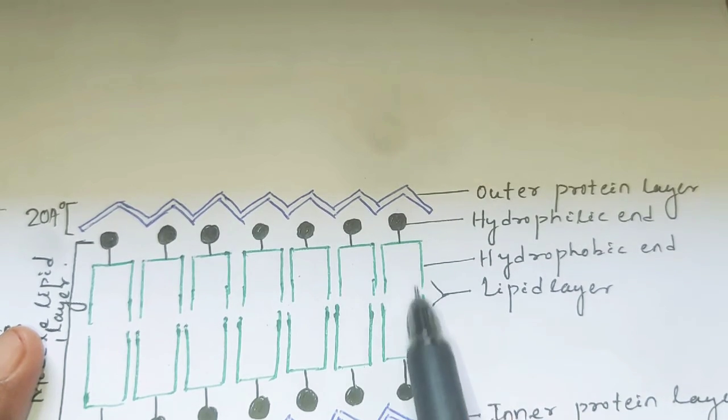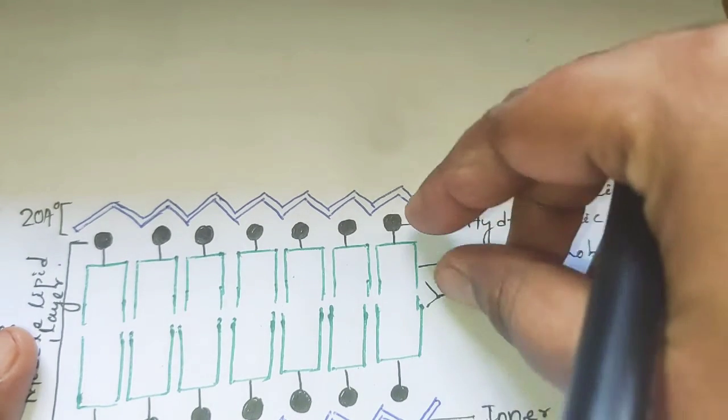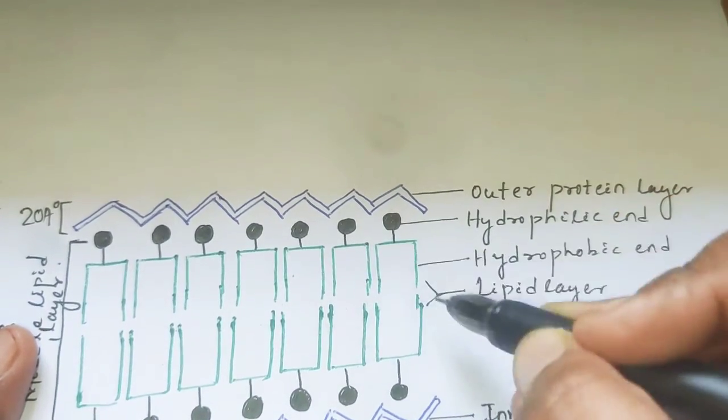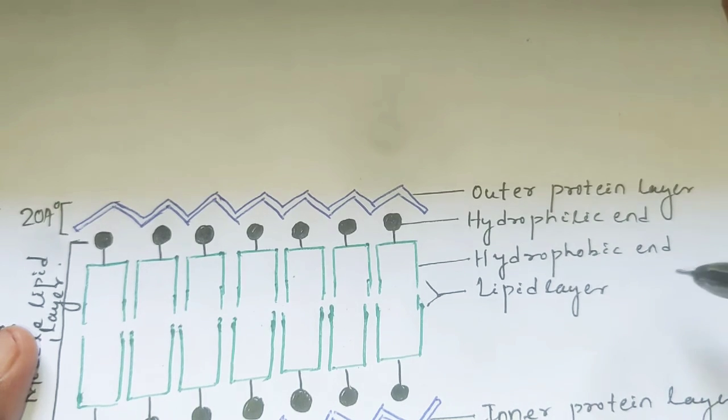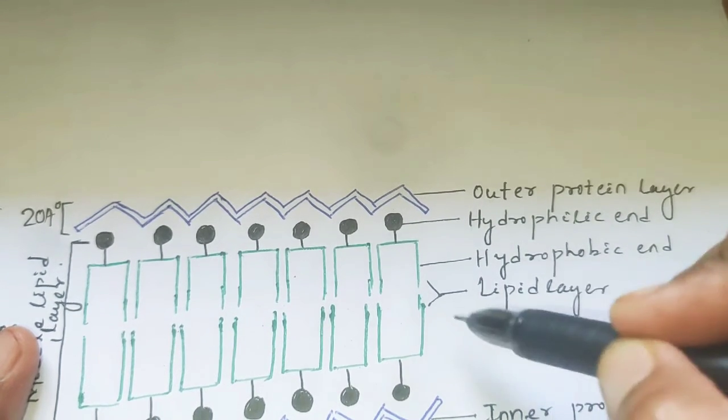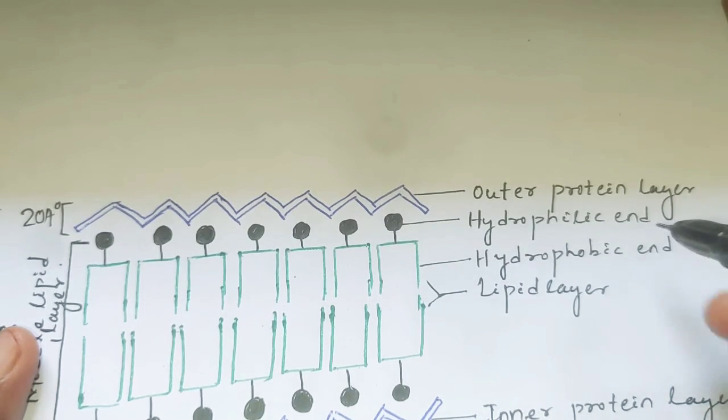But the tail region of the lipid layer is hydrophobic. Phobic means hating.